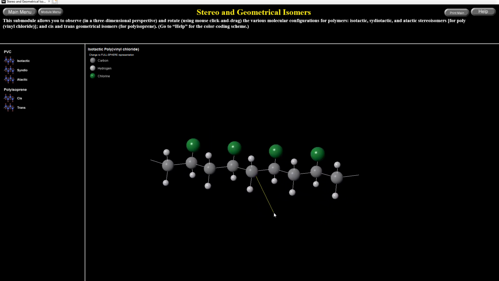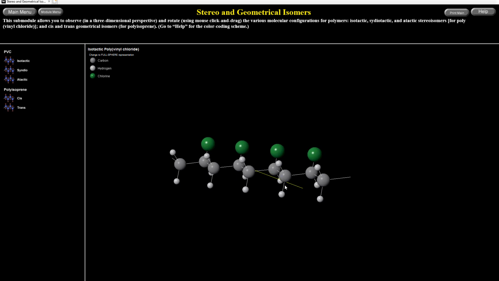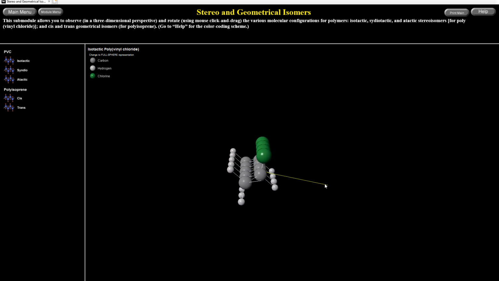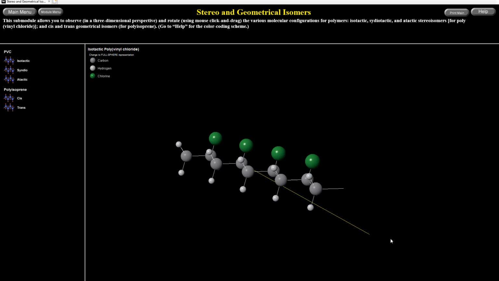So if I was drawing this in 2D, what I would have is my C forming my backbone, and then I'll have all my Cl's on one side, and then I'll fill in the hydrogen. So looking at this axis, all my chlorines are on the right side of this axis that goes into the screen. Okay, so that's an isotactic polymer.